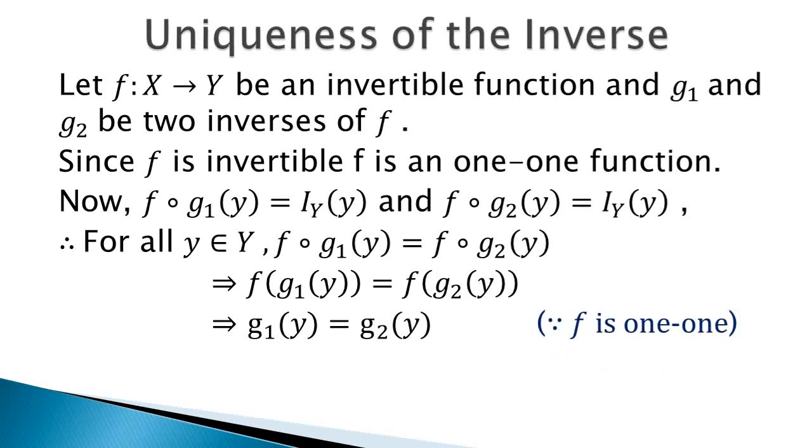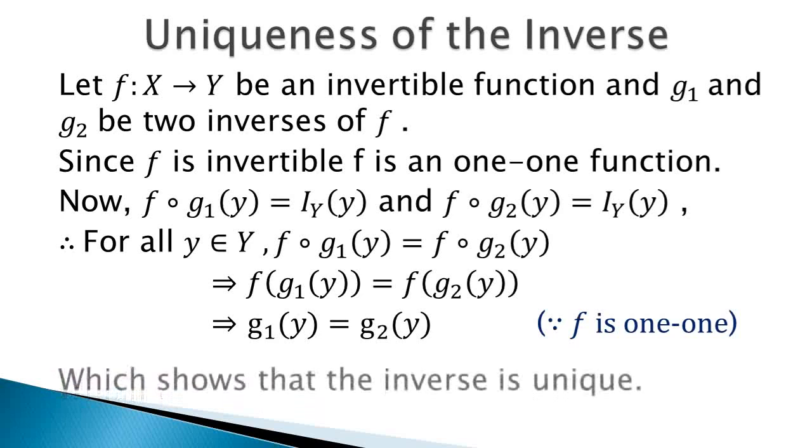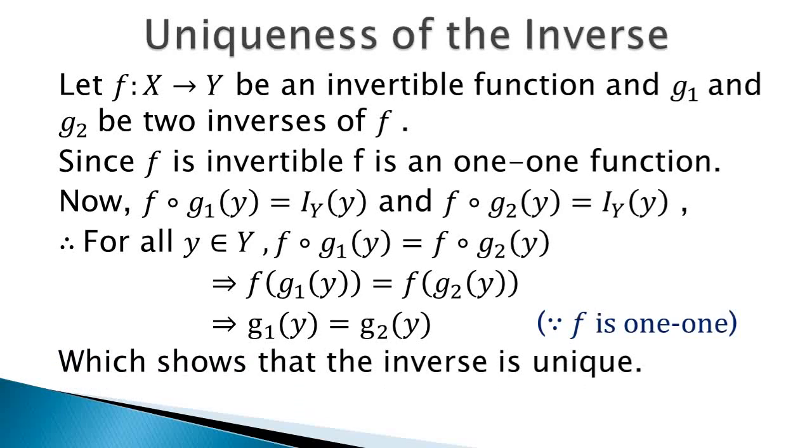This follows from the concept of 1-1 function, and this shows that z1 and z2 are actually the same function, and hence the inverse of an invertible function is always unique. There cannot be more than one inverse.